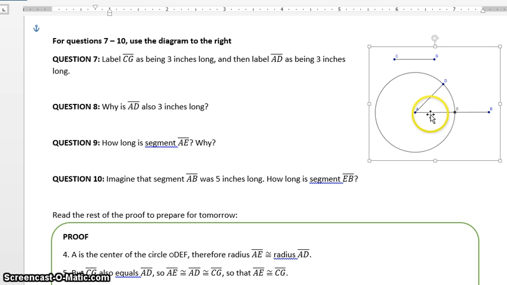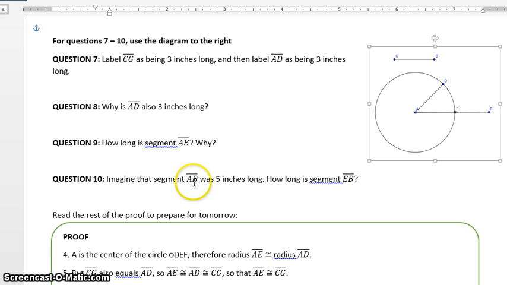Question 9. How long is segment AE, this segment right here? And then you need to give a reason why. My hint for you is to remember that A is the center of the circle and D and E are both on the circumference of the circle, so AD and AE are both radii of the circle. You can also go down to the proof and read step 4 to help you.